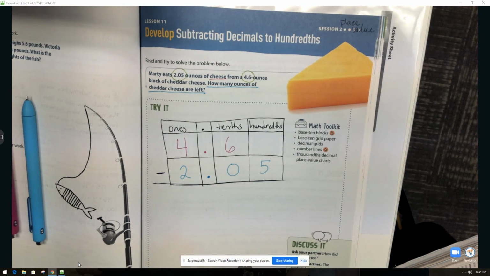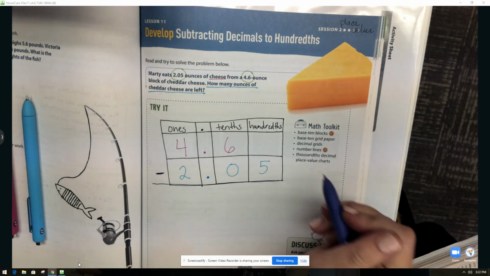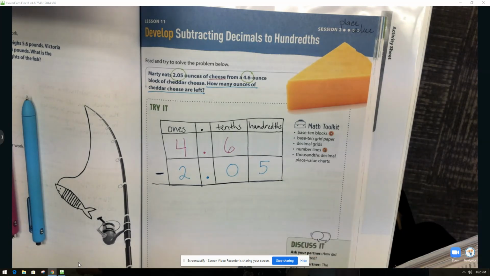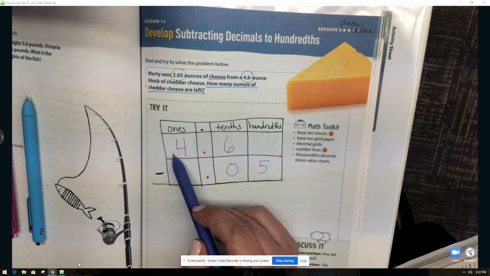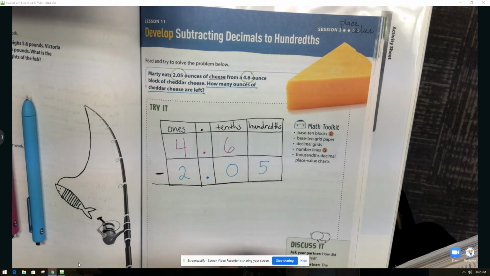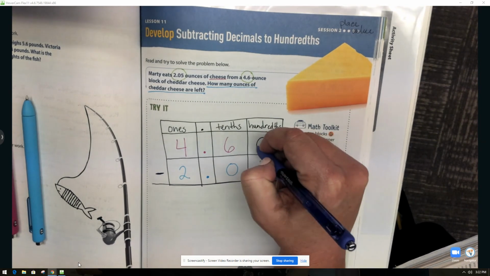Now, here is where I need to do a little bit of work. Remember that there's a digit we can place at the end to fill this empty box here that will not change the size of this fraction. It'll just make it equivalent. So remember, we can add that placeholder 0.